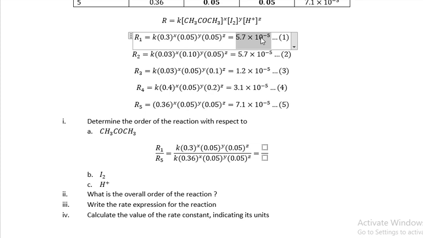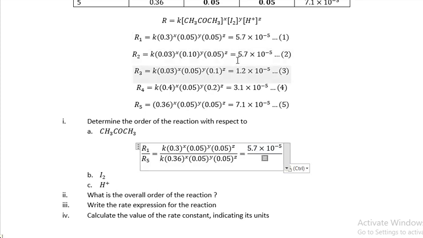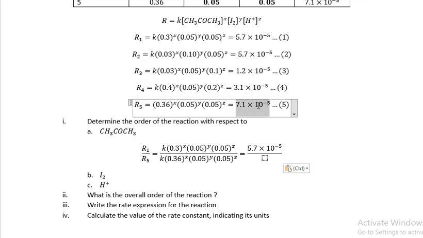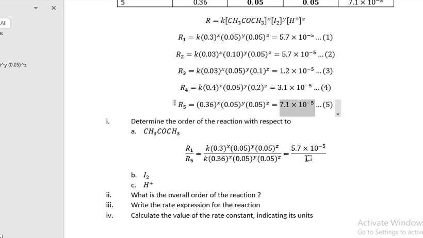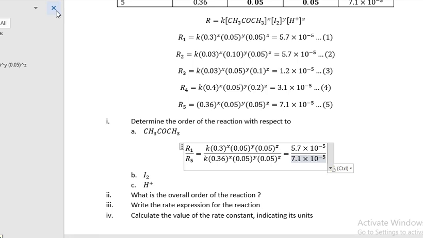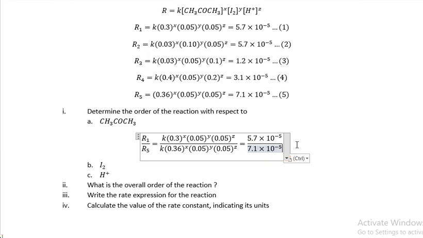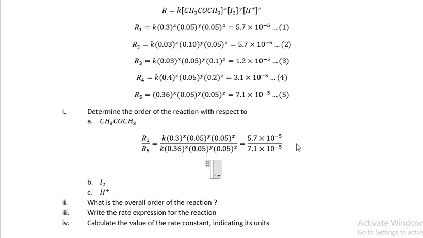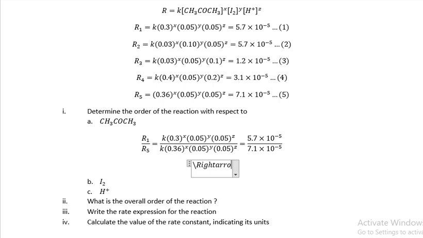This is the value of rate 1. And what is rate 5? This is the value of rate 5. So all we need to do now is apply mathematics and solve. The first thing is that k is going to cancel with k.